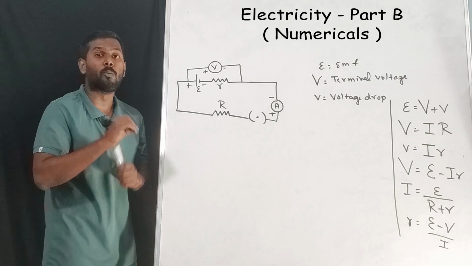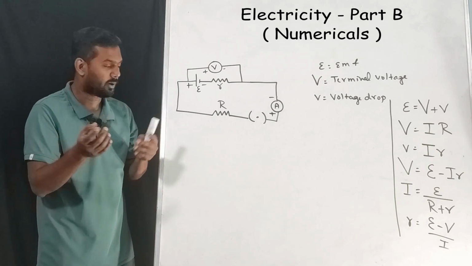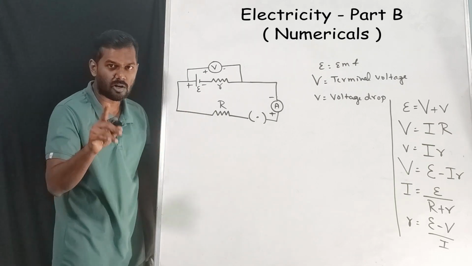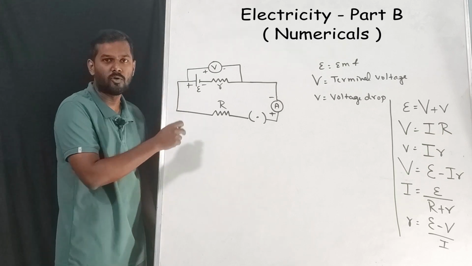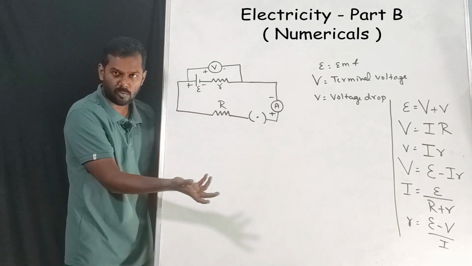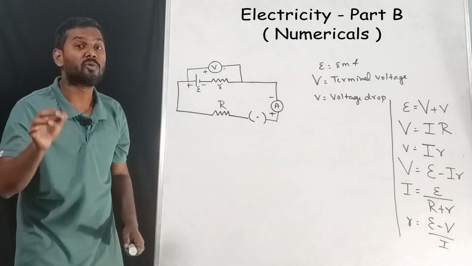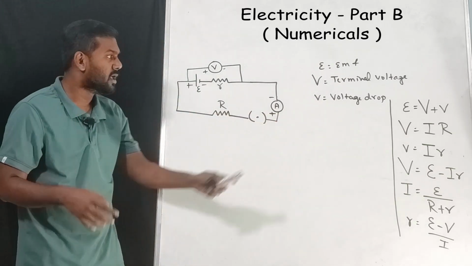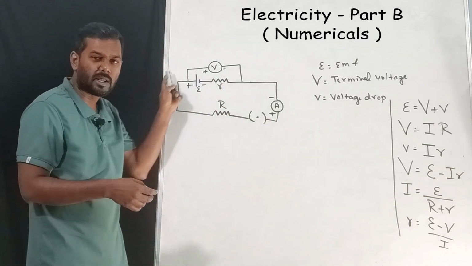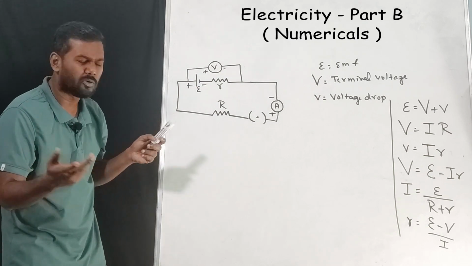Whenever the circuit is open, current will not be flowing. If the current is not flowing, do you think voltage will be dropped? No, right? Then there will be no voltage drop if the circuit is open, because the current is not flowing. What do you mean by circuit is open?